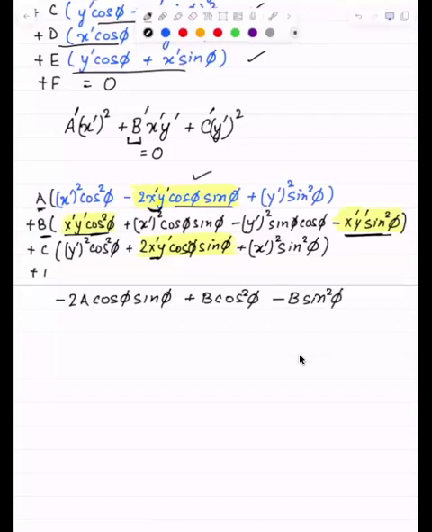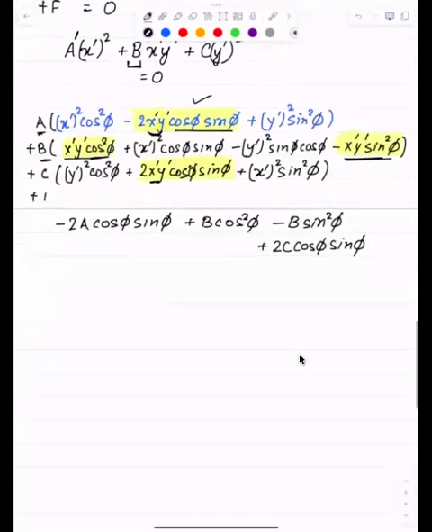And from the last one, we have plus 2c cosine phi sine phi. Okay, let's write it a little better here. Here we have 2 cosine phi sine phi.